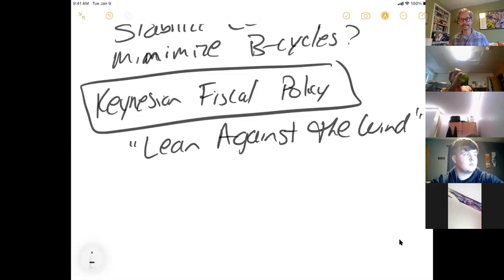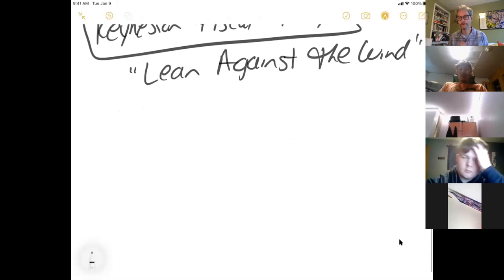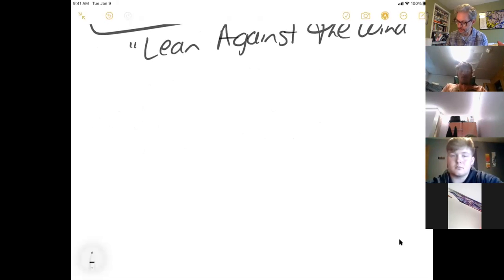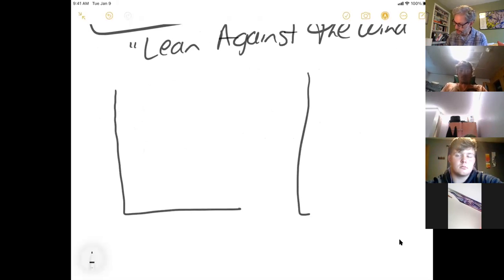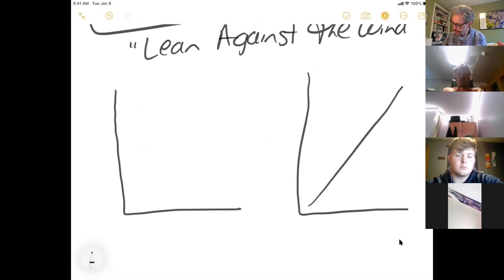We want policy to lean against the wind. What in the world does that mean? Right, what does that mean? Well, let's think about a couple of examples here. So I'm going to draw two aggregate demand, aggregate supply graphs.